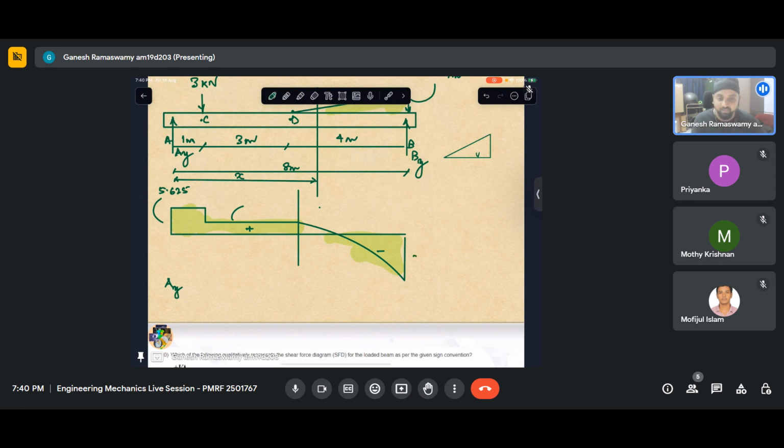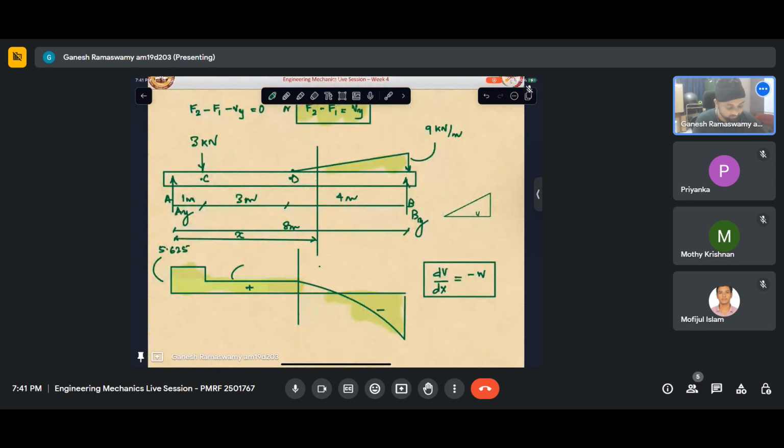What I should have done is take this relation, dV by dx is minus W. And mind you, we derived this equation for a W which was facing downward, which is similar to our case here. So W goes like that.